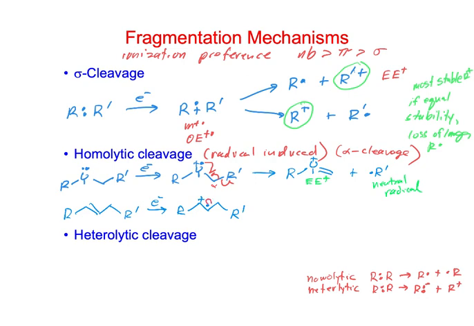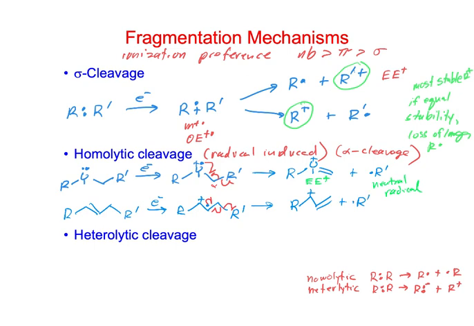So this radical goes here, combines with one from over here, and we do the homolytic cleavage of that bond. So what we would get is this plus this.